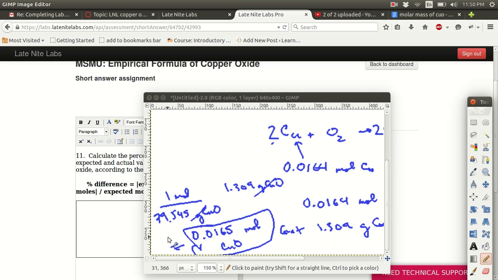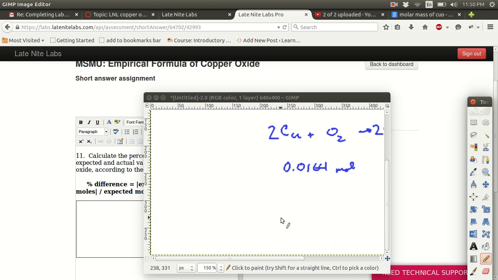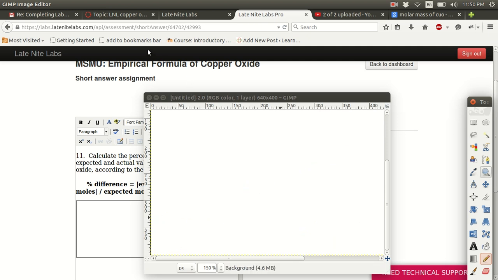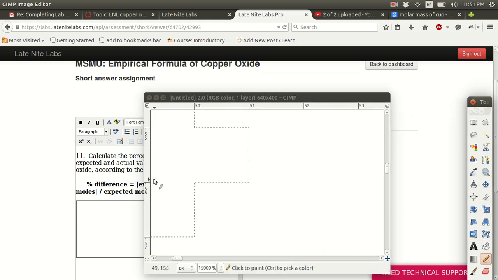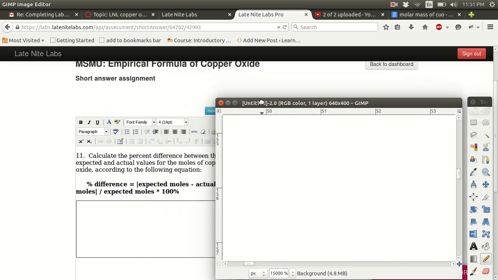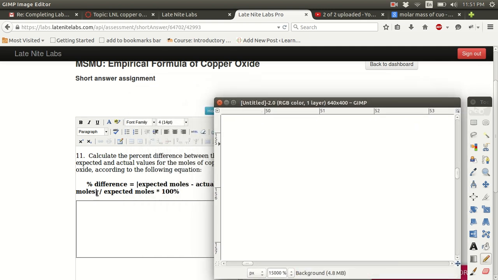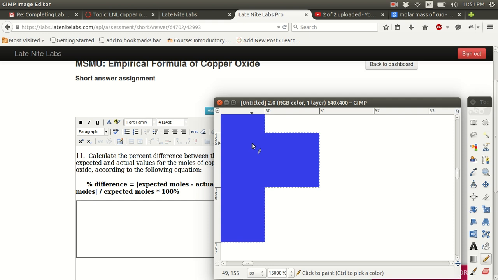Right, so let's find the percent difference there. You just take the difference between what you got and what you were supposed to get. It doesn't matter what order, because we ignore any negative signs. You see the formula that they gave has absolute value signs. That just means you can ignore the negatives.